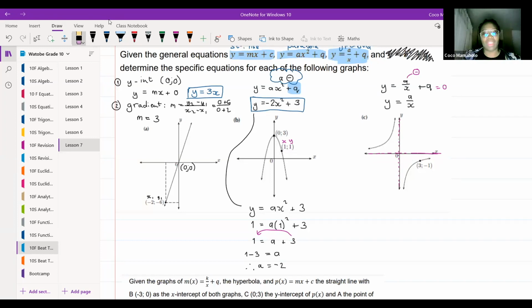Last thing that we need to do now, guys, is, what other piece of information have they given us? Have a look, because now we have to solve for A. What other information have they given us here? They have not given us an x-intercept.